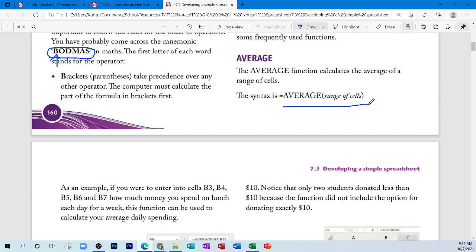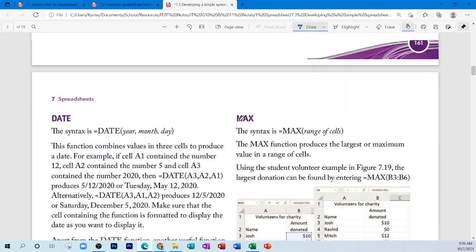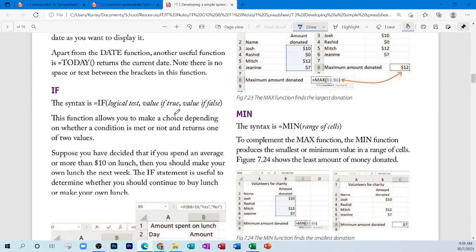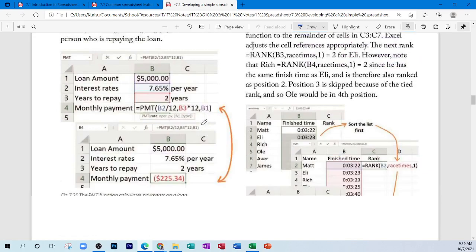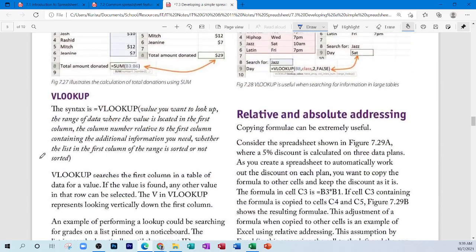Some of them are simple, but some of them are a bit more complicated. For example, look at this one here. This one has 3 parts. This one has a test, this one has a true value, this one has a false value. And the one that's going to give you guys the most headache is this one here.